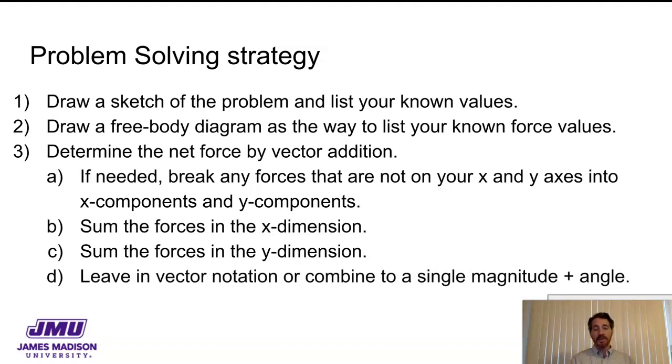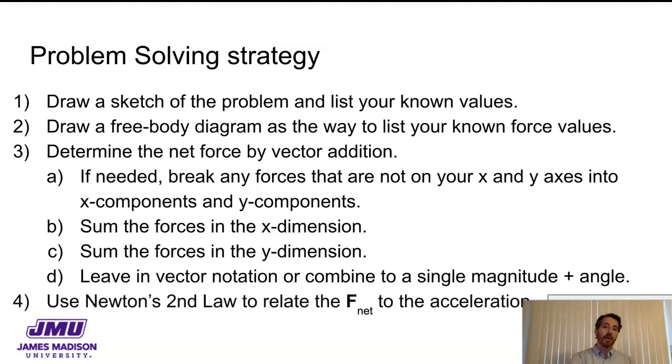You could leave it in vector notation if that's appropriate for the question. You can also convert it over to a single magnitude and angle if that's appropriate. Either way, once you have a net force, what you're probably going to do is put it in Newton's second law, F equals ma, to relate the net force to the acceleration of your object. That's what we're trying to do with this strategy right here.